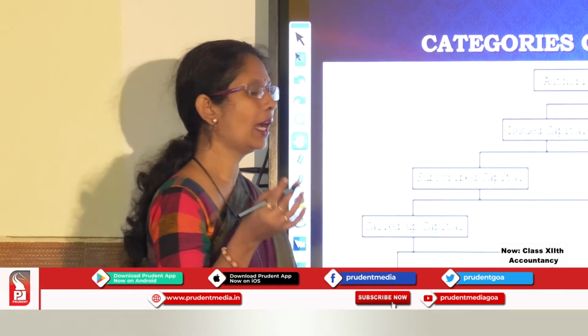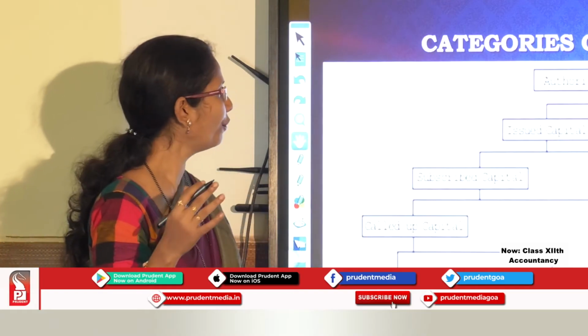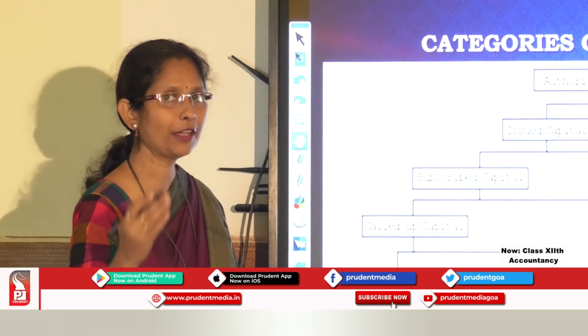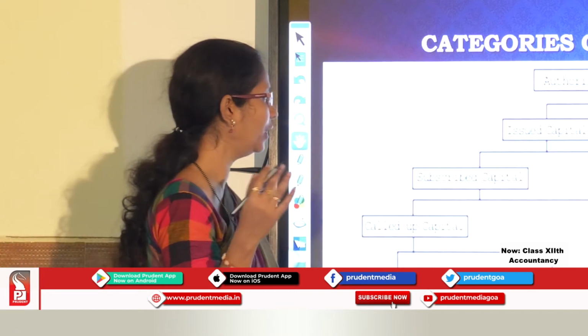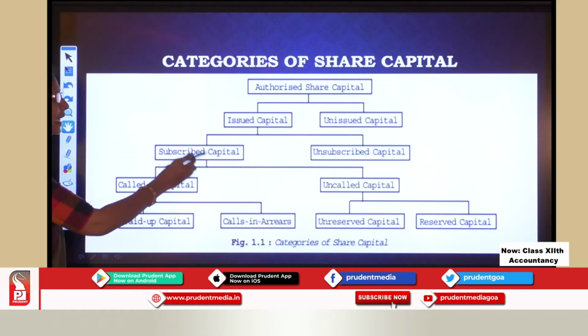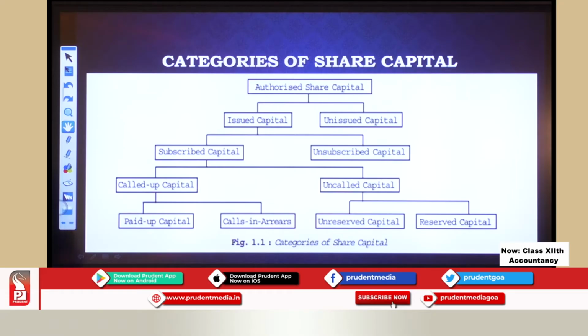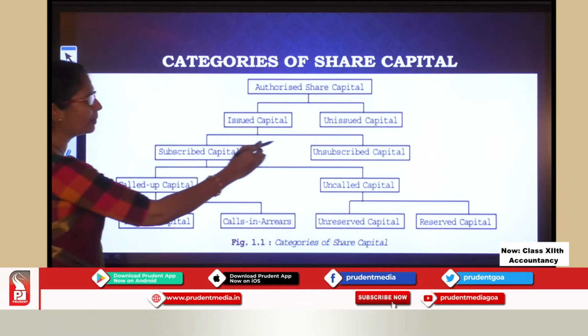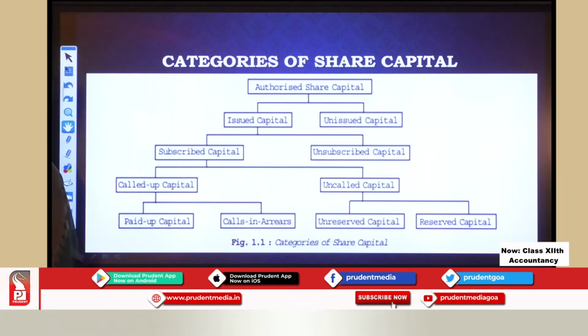So maybe I will get applications for 500 shares. Now these 500 shares will be my subscribed capital. So subscribed capital is the part of issued capital for which the company has received applications. Unsubscribed capital is the part of issued capital which is not subscribed by the public.